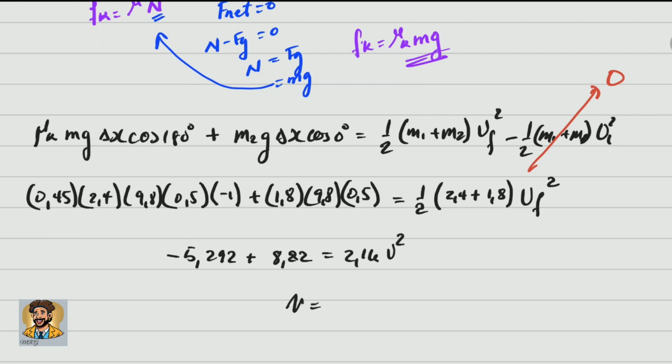And we get that the answer is going to be 1.3 meters per second. This is the answer for the speed.